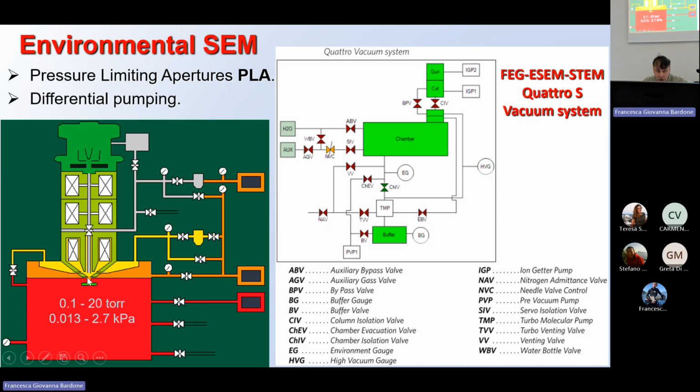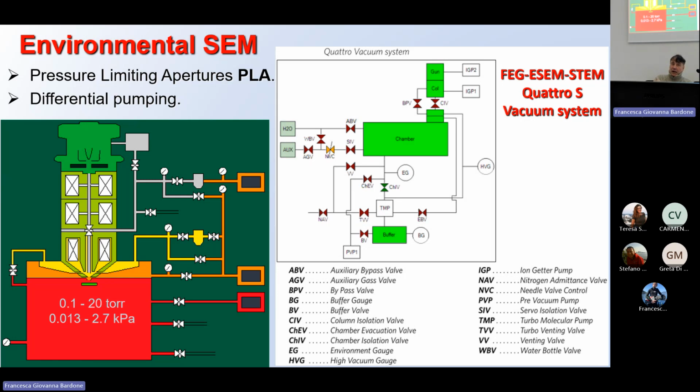And after the orange one, you have the yellow one, which is a little bit better than the orange one by one order of magnitude. And then you have all the other chambers up to the final one, which is the region in which you have the gun. This is called the differential pumping system, limited by apertures.